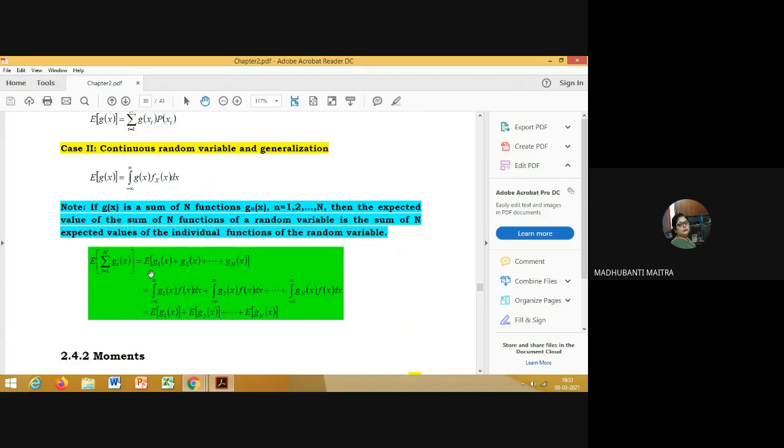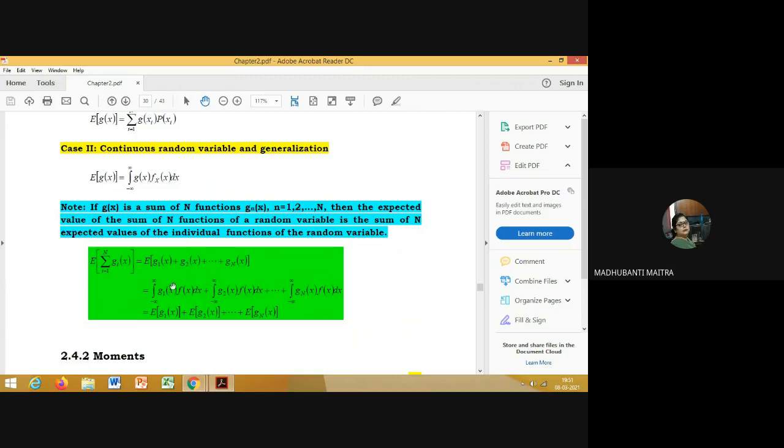So this is nothing but, the first one can be written as the integration from minus infinity to infinity of g1(x) f(x) dx, plus the second one will be, as per definition, the integration from minus infinity to infinity of g2(x) f(x) dx, and so on, right?